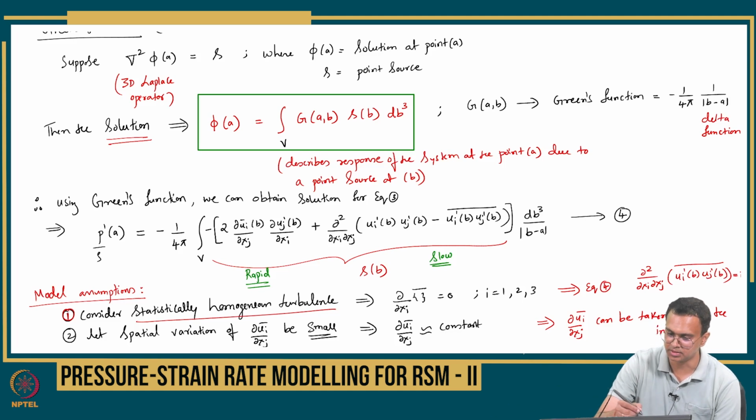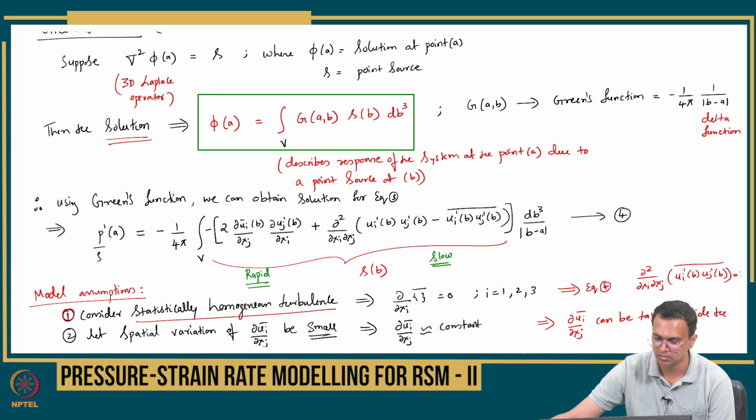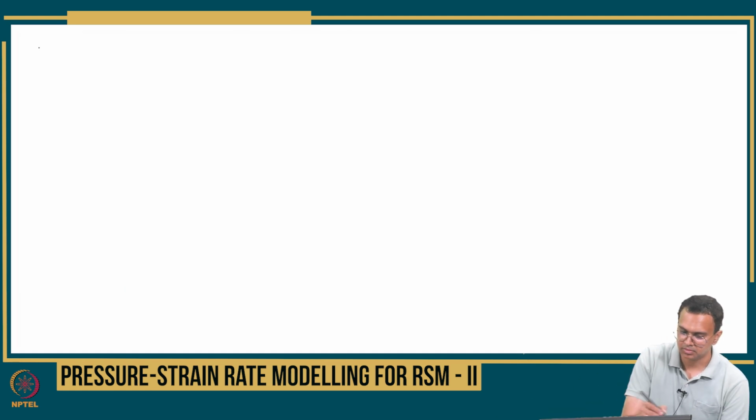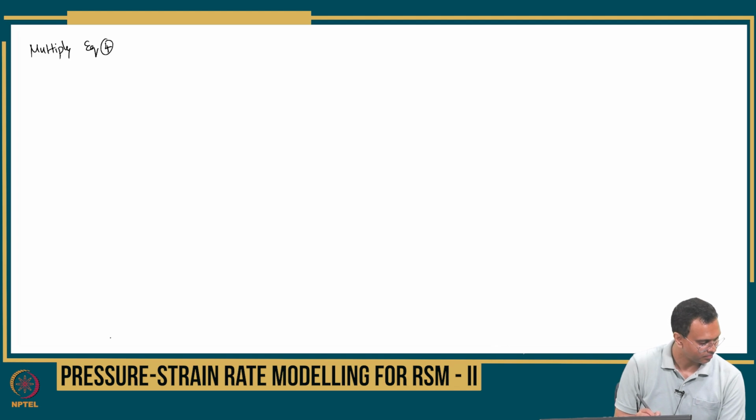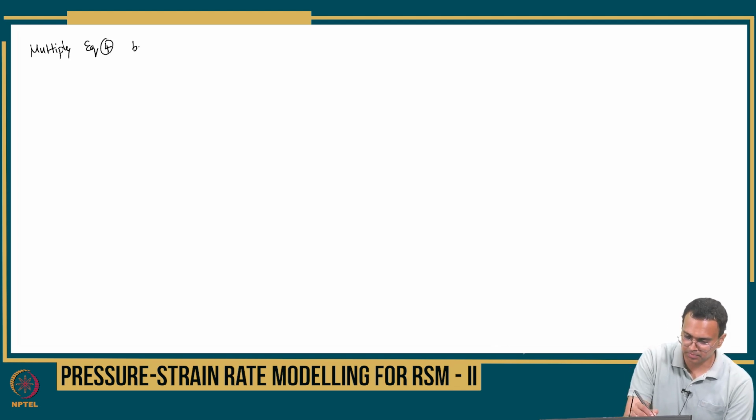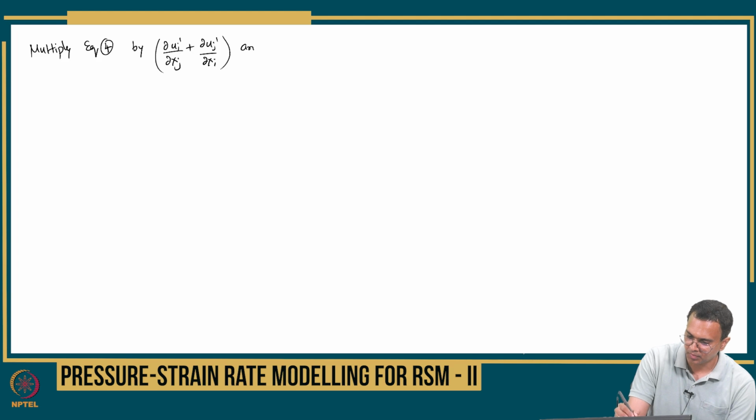So multiply equation 4 by ∂ui'/∂xj plus ∂uj'/∂xi, and take the Reynolds average or ensemble average.